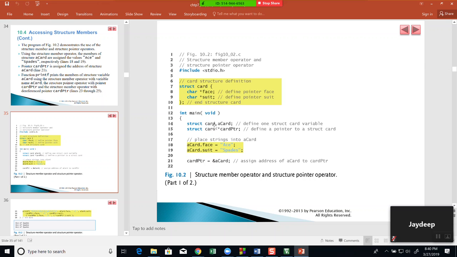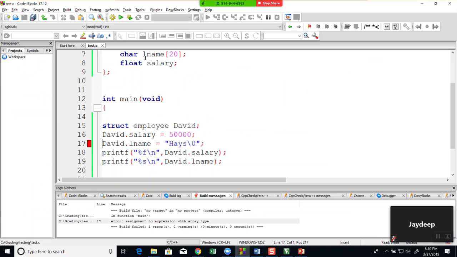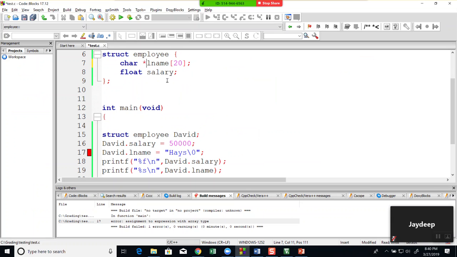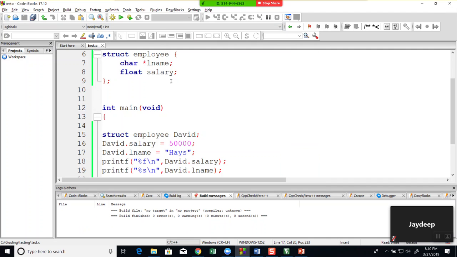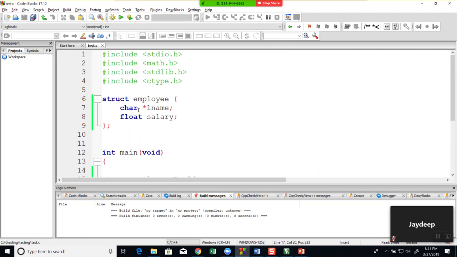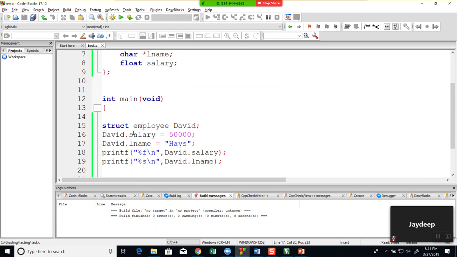Okay, so I got to define it as a pointer in order to use the double quotes. Okay, let's try that again then. Come up here, define as a pointer. There it goes. So again, you go through and you define your structure. And then I like to think of this down here as creating instances of that.